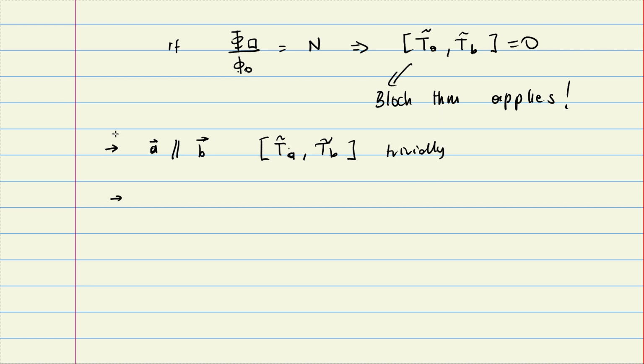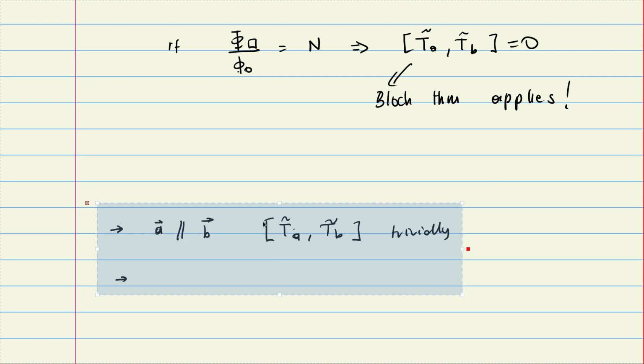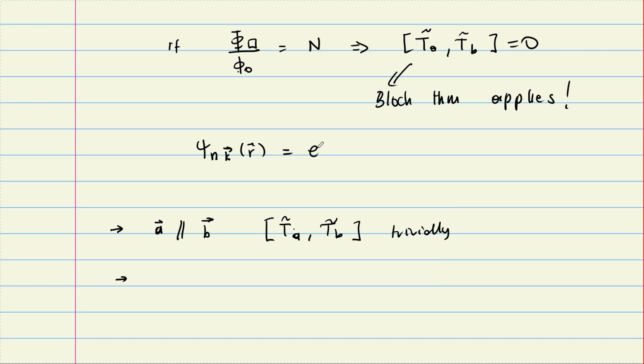If Bloch theorem applies, you can write functions like psi_k of r equal to e to the i k dot r times some u_nk of r.